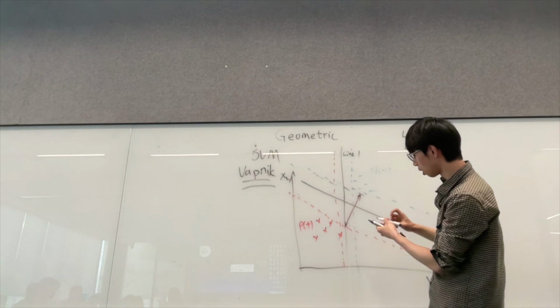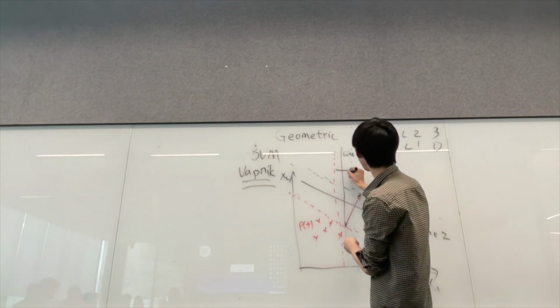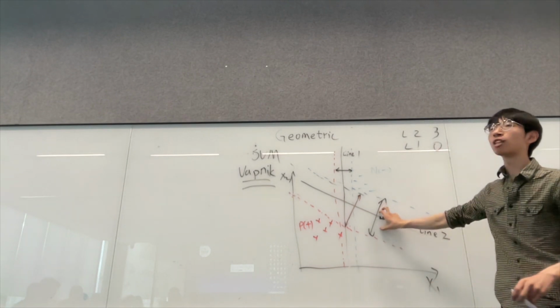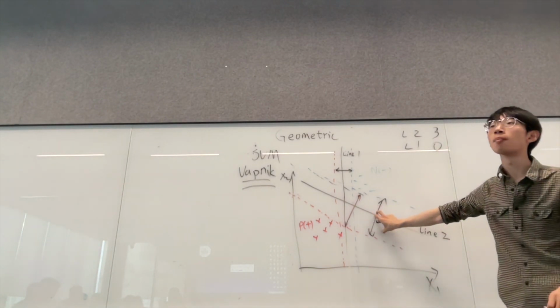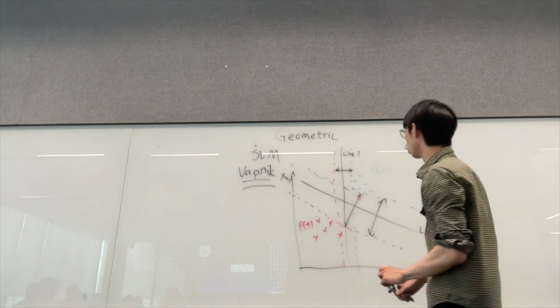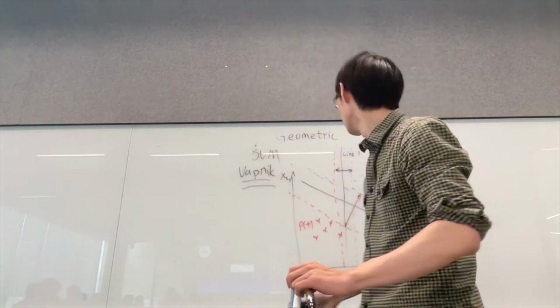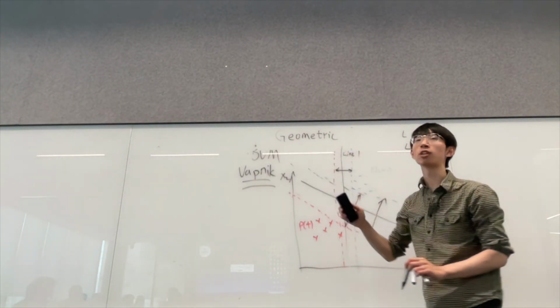So let's look at the two margins. This is the first margin for line 1. This is the second margin for line 2. This margin is bigger, so we choose this one. Make sense? This is the intuitive idea of support vector machine. All good for this?